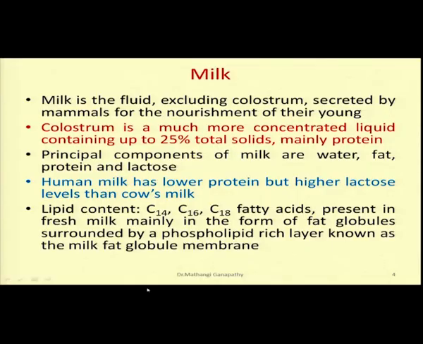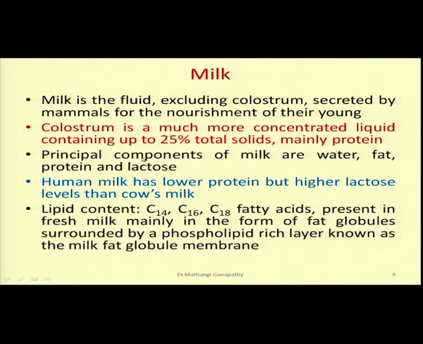Milk. As you all know, this is a part of your everyday life. And scientifically speaking, milk is the fluid excluding the colostrum which is secreted by mammals for the nourishment of their young. And colostrum is a much more concentrated liquid containing up to 25% of total solids, and it is mainly protein.